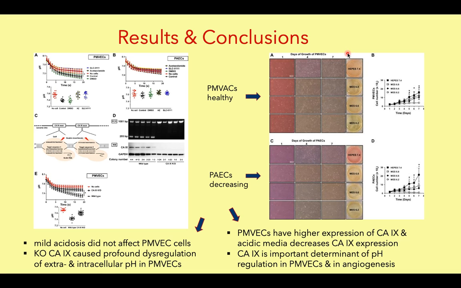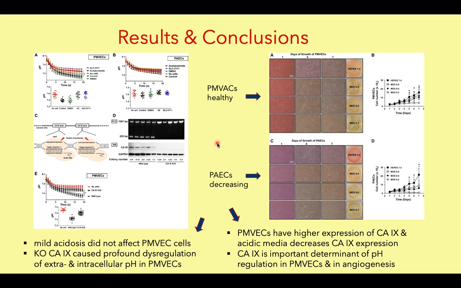I think it was a little bit longer than that too. And these are various buffers for each of the pH systems. And we can see that the microvascular cells were growing very nicely at these pHs. Not until it hit about 6.2 did they notice that the cells really dropped off. However, the arterial cells were affected and did not grow as well.